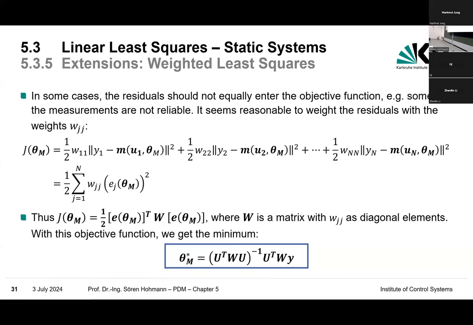By the way, as mentioned, you have here the Moore-Penrose pseudo-inverse, which is already implemented, for example, in MATLAB, as pinv. So data is present, and you can do the calculations for the parameters.